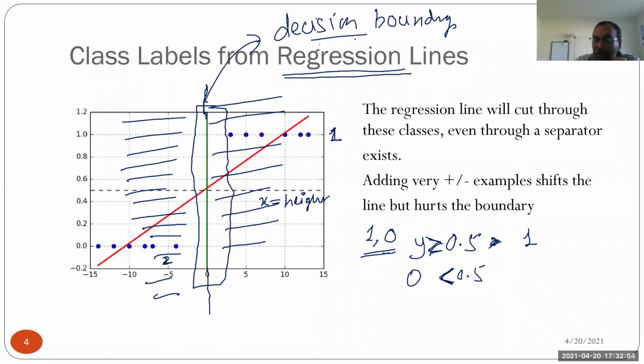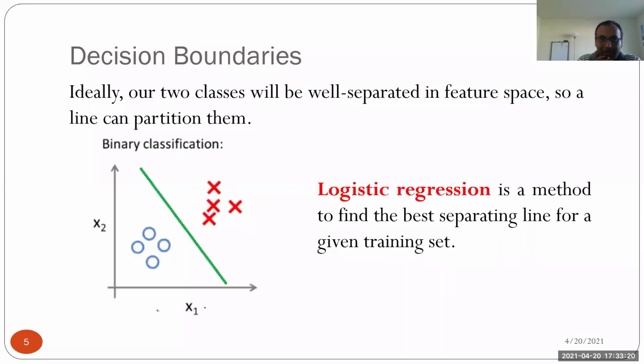So we are looking for a decision boundary, and that decision boundary, unfortunately, linear regression cannot provide us because of its nature, because of the fact that it will try to pass through the data. So from this, we somehow want to make it identify this line here, what we have in the green. Question? All right, so let's move on.